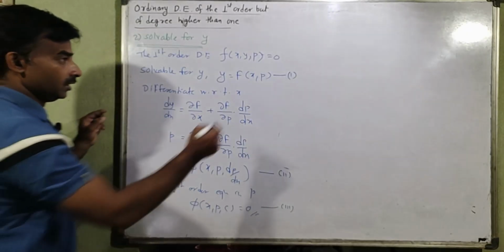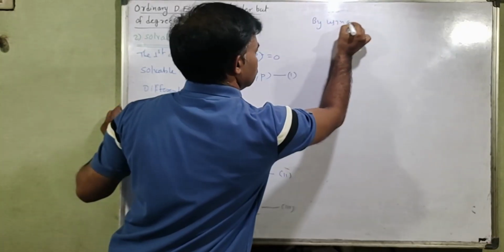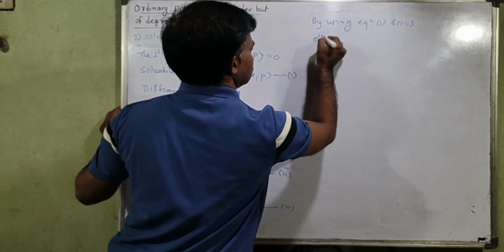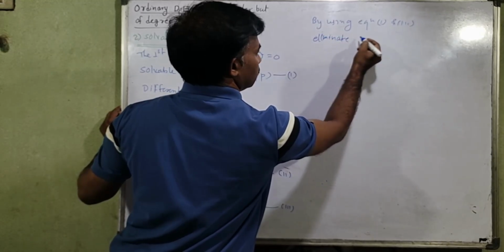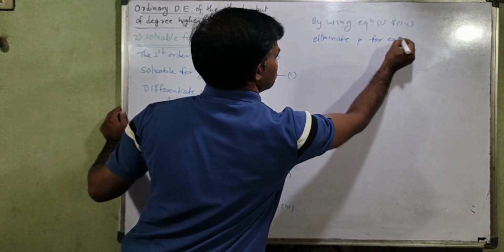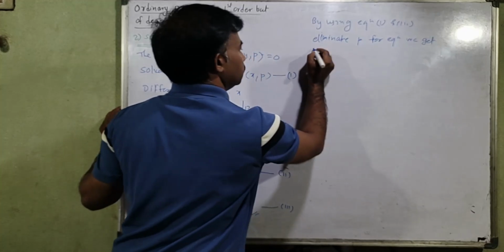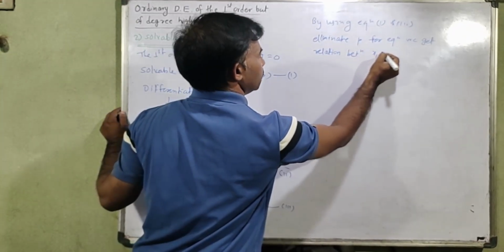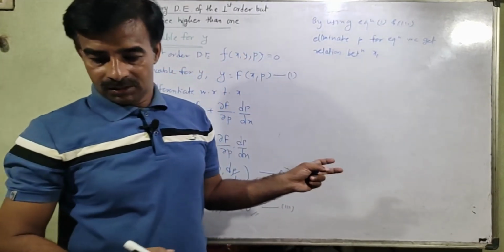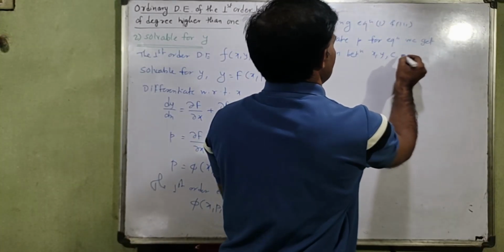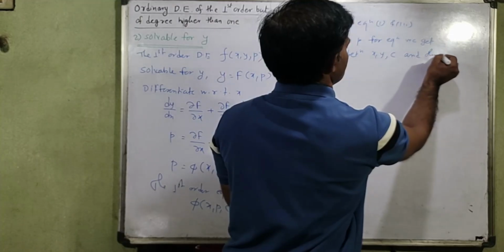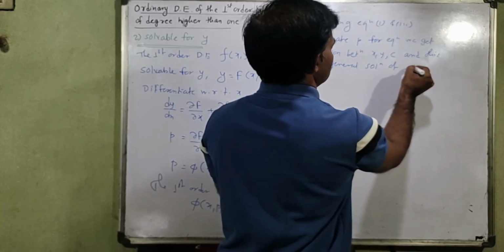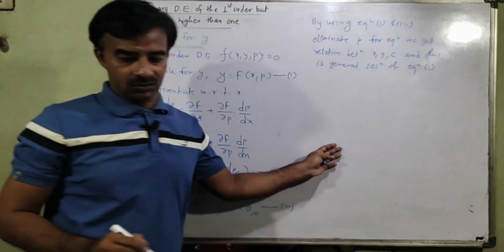By using equation 1 and 3, eliminate p from the equation, we get a relation between x, y and c, and this is the general solution of equation 1.